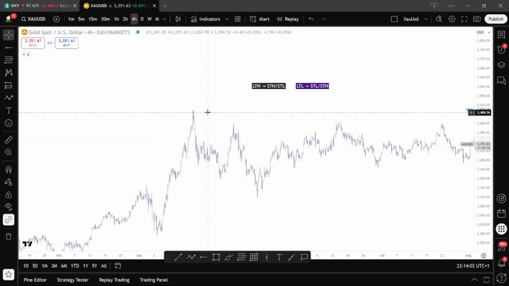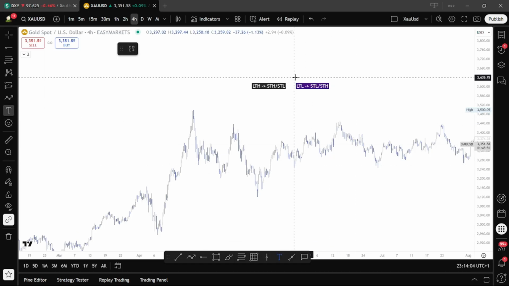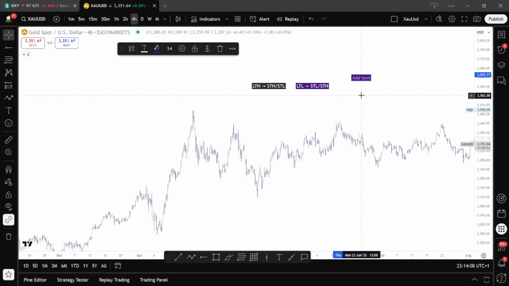Before we dive too deep into this market structure, I'd like to introduce you guys to some terminologies. Number one, break of structure, BOS. Number two, change of character, or better, you could just call it trend change, TC. The BOS you can also refer to as SB, structure break.